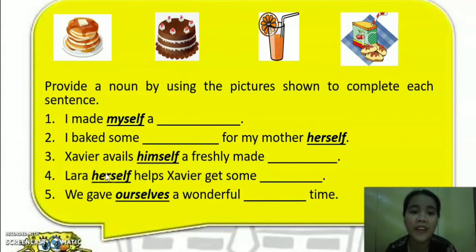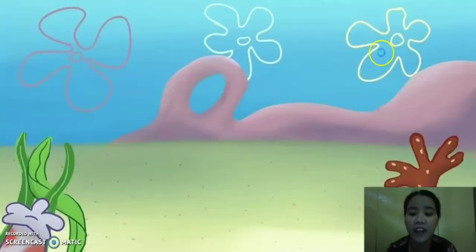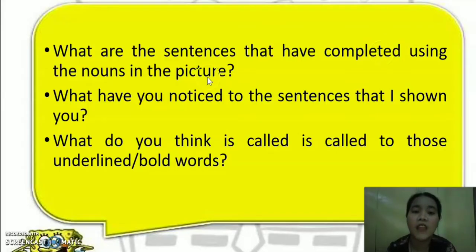From the things that you have observed from the sentences, I have here 3 questions. So just get ready for your answers later. What are the sentences that you have completed using the nouns in the picture?